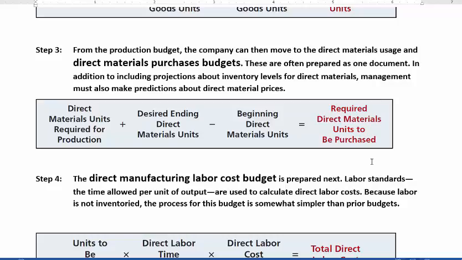So if we need 1,200 board feet of the red oak, then we would take 1,200 times the dollar per board foot in order to calculate the dollars that need to be spent for those direct materials. Again, direct materials is part of our cost of goods sold, so you're going to need that in your cost of goods sold calculation.